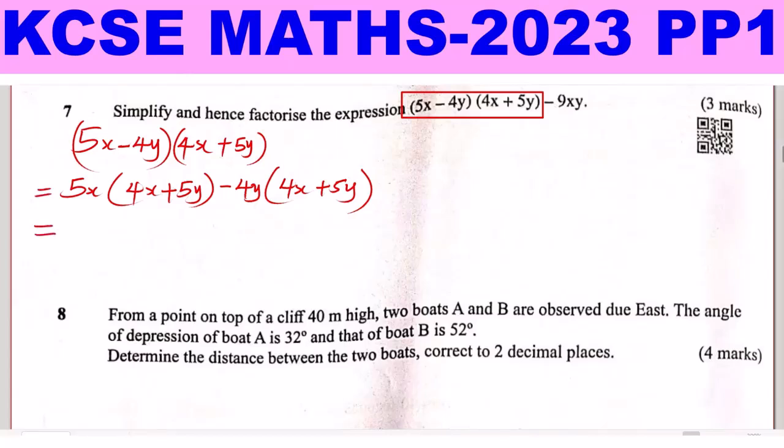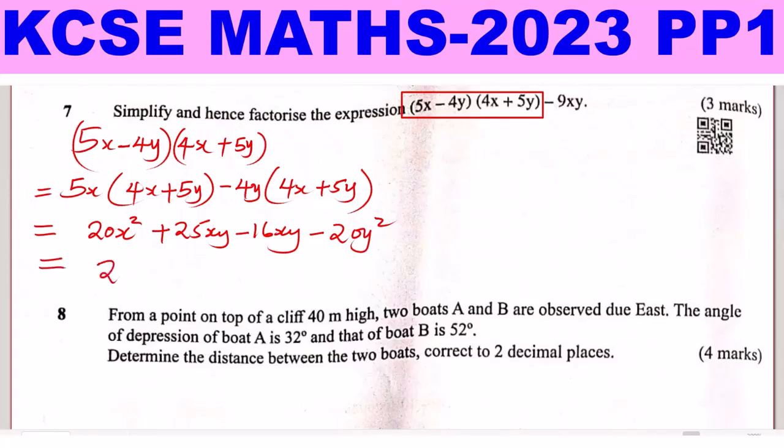5x times 4x, this will give 20x squared, plus 5x times 5y, we get 25xy, minus 4y times 4x, you get negative 16xy, then negative 4y times 5y, this will give negative 20y squared.